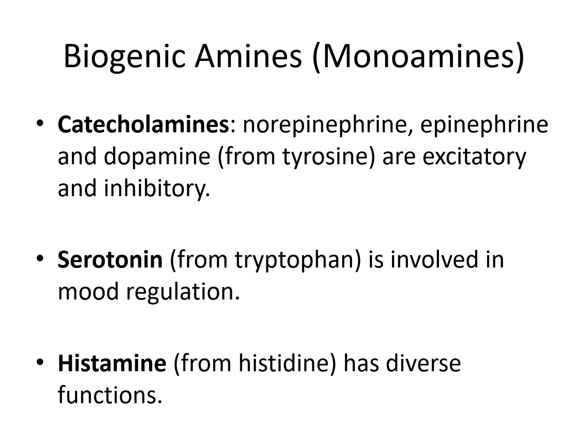The second group are called biogenic amines, or monoamines. And there are 3 different groups within these: catecholamines, serotonin, and histamine. The catecholamines include neurotransmitters that you've heard of before: norepinephrine, epinephrine, you've probably heard of already. You might have heard of dopamine just from your own reading.